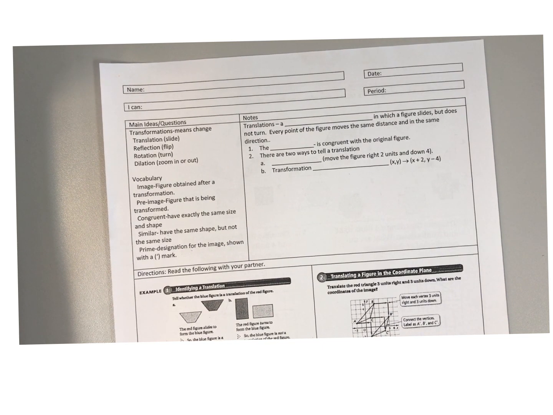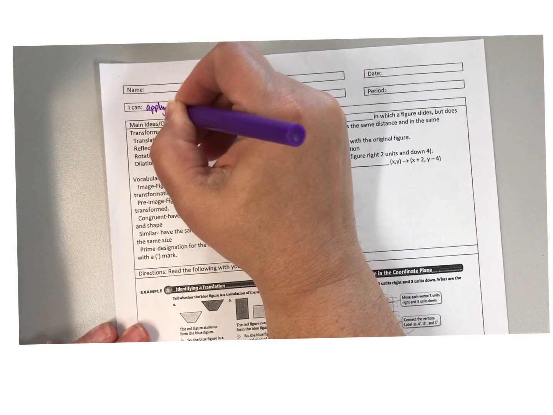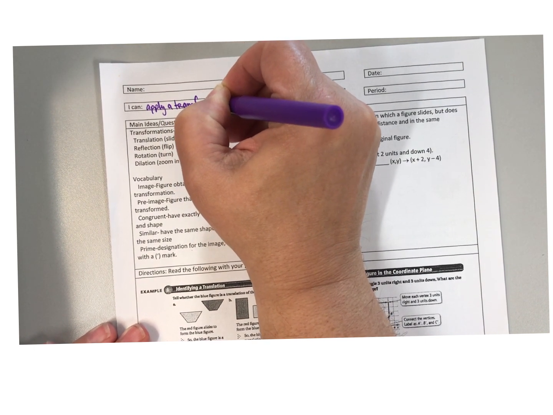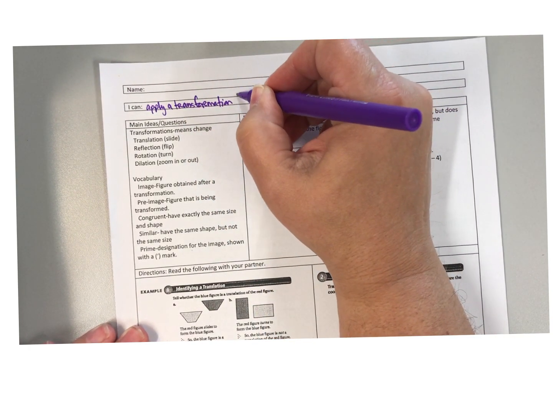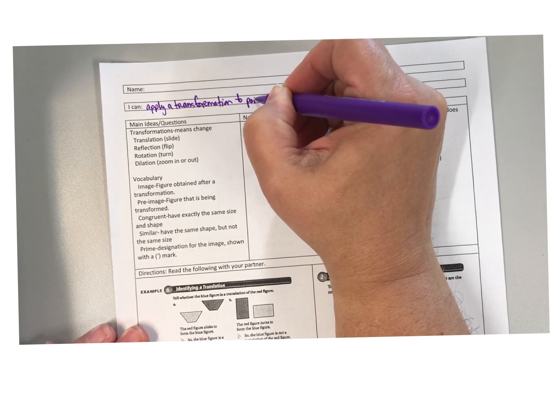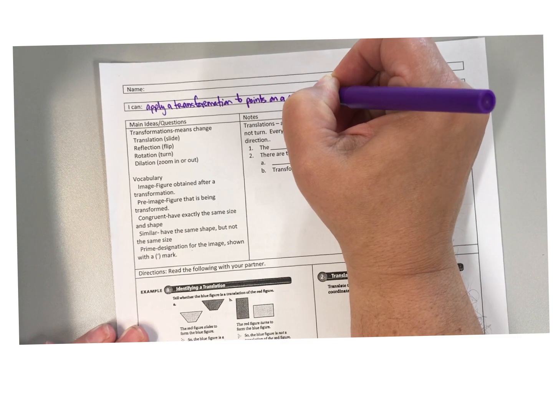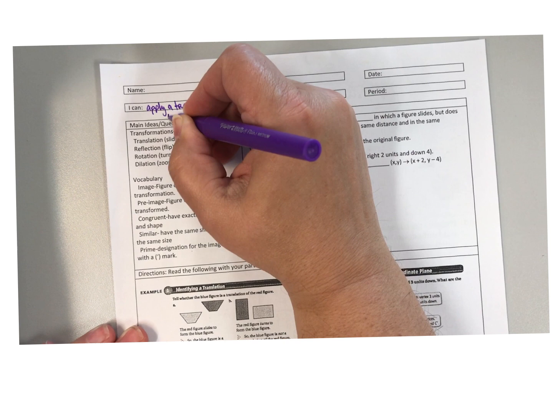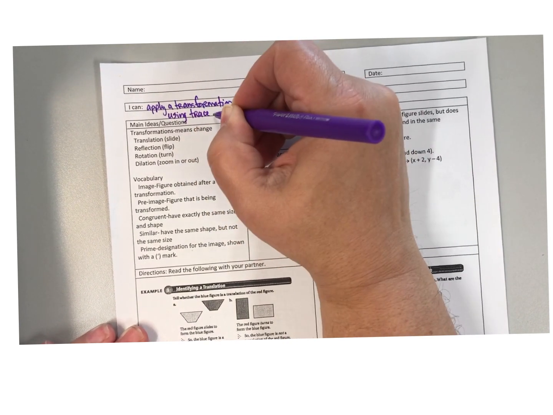First of all, let's fill in our I can statement. Our I can statement is: I can apply a transformation to a point on a grid by using trace paper.